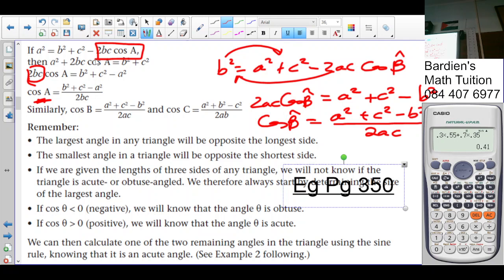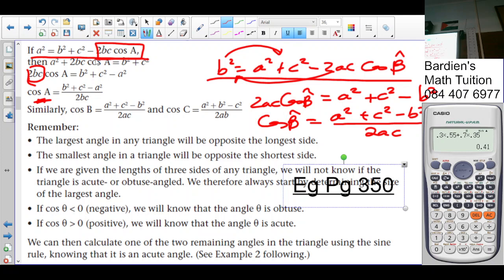Is this on the formula sheet? No. Only these are on the formula sheet: that one there, that one there, and the one with c squared. So if you are the kind of person who wants to memorize the formulas, you can do that.